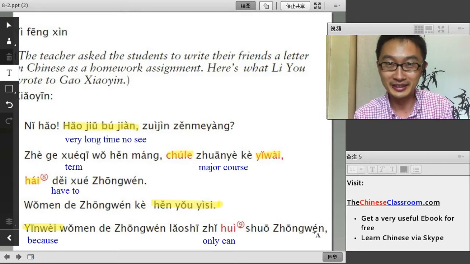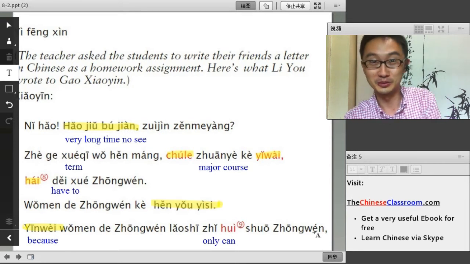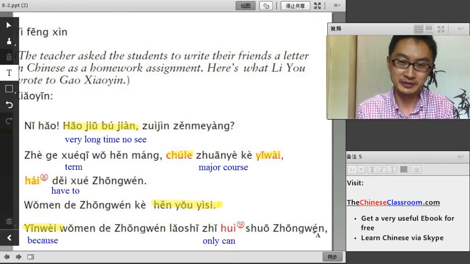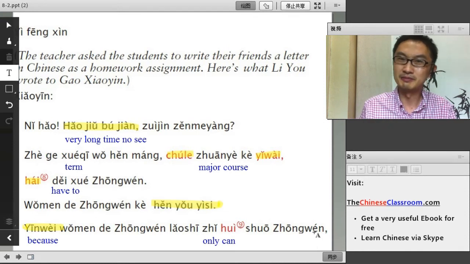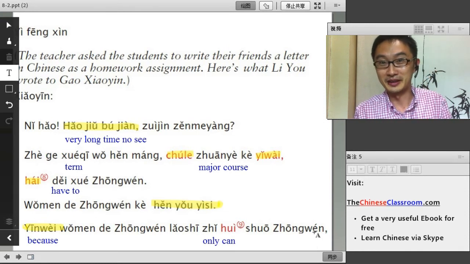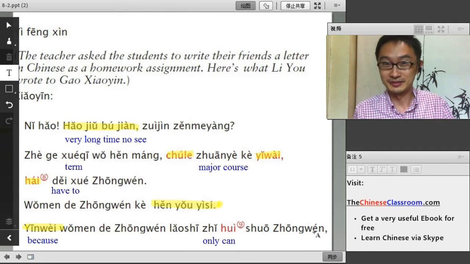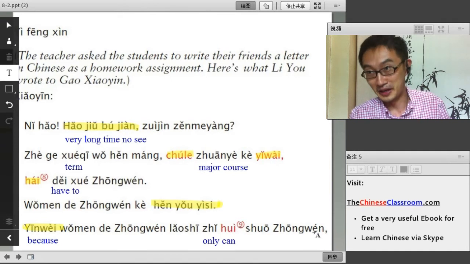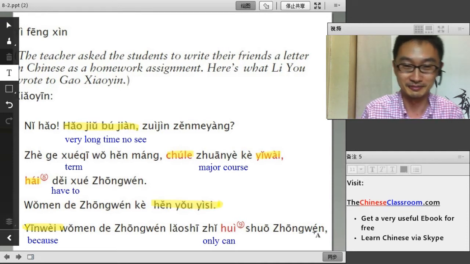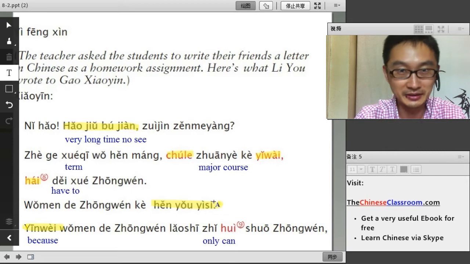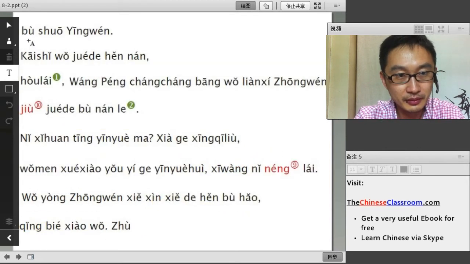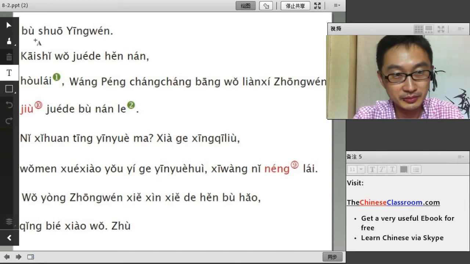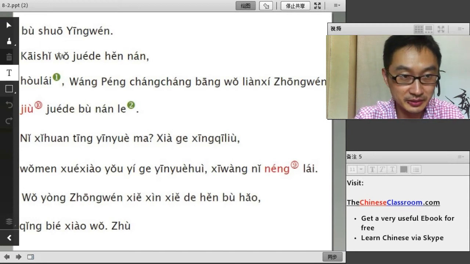If here you put 能, it has the feeling of being allowed. If they say 只能说中文, it means even though the teacher knows English, the school doesn't allow him to speak English because that's a Chinese class. That's the difference. Okay. 不说英文, so doesn't speak English.